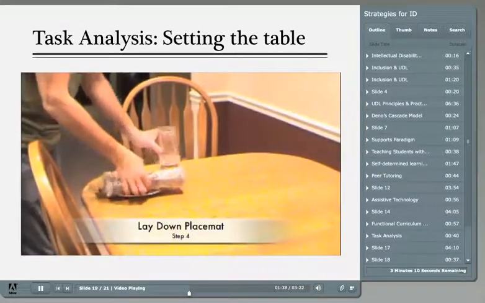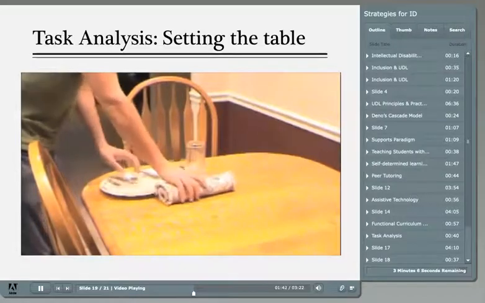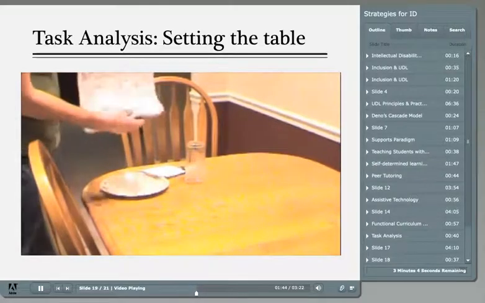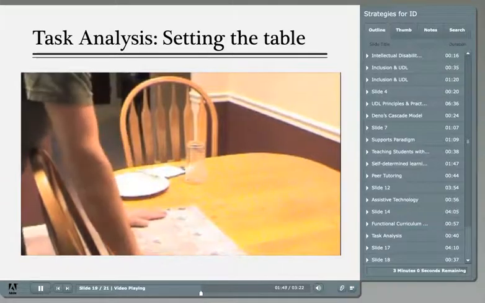Step 4. Take the placemat and lay it down on the table in front of the chair. It will look like a rectangle. It will also mimic or look like the layout of the already made table setting.